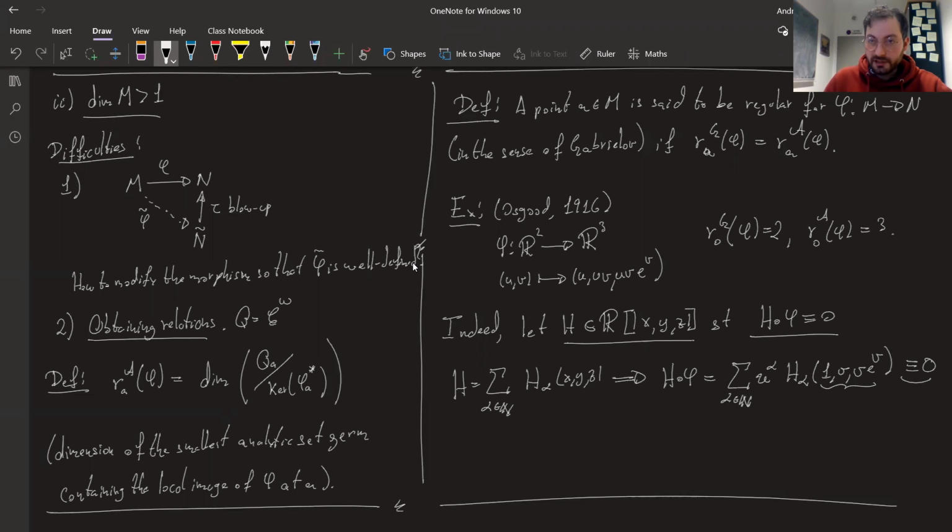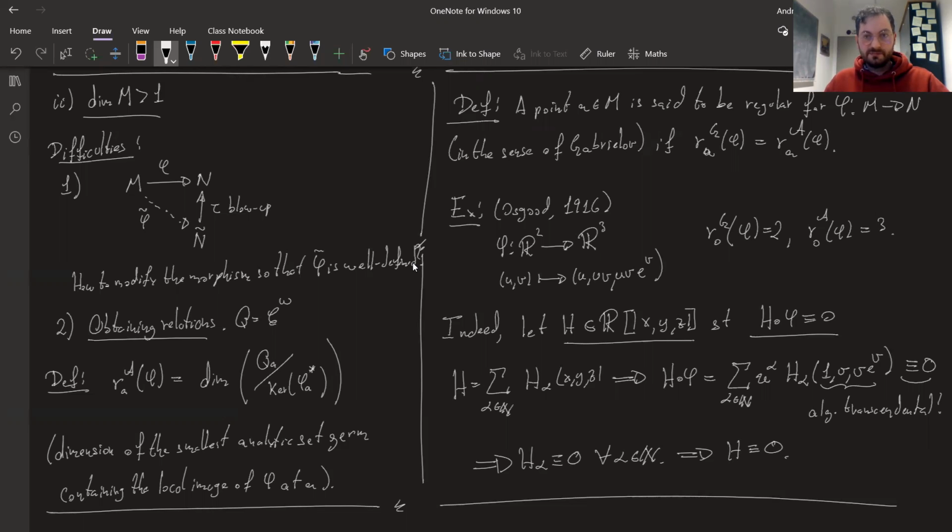But these are algebraically independent of each other, and H_alpha is a polynomial, so there's only one choice: H_alpha has to be 0 for all alpha in N, which implies that H needs to be 0. So the only formal power series, and therefore the only analytic function, whose zero locus contains the image of phi is the function 0 itself. This shows that the analytic rank is 3.